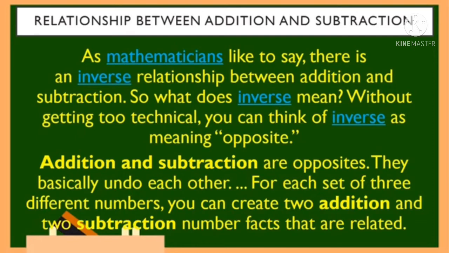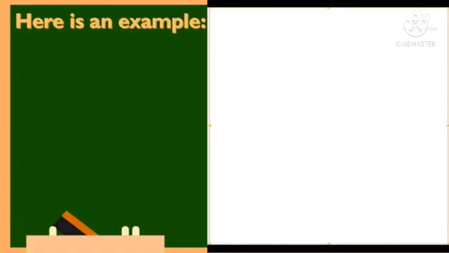So for each set of 3 different numbers, you can create 2 addition and 2 subtraction number facts that are related. Just for example, the solution that we did for the first problem. To understand more about the relationship between these two, we have here the first example. I will use the numbers in the first word problem.